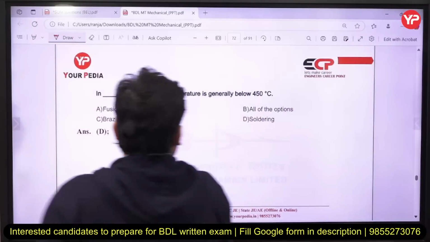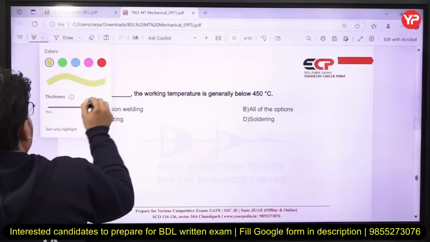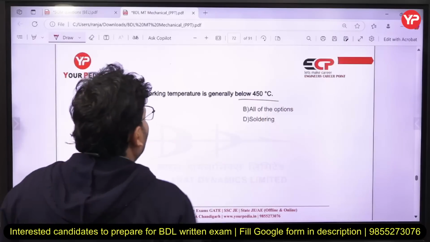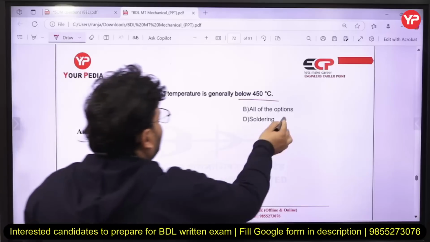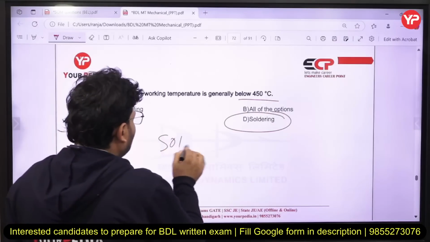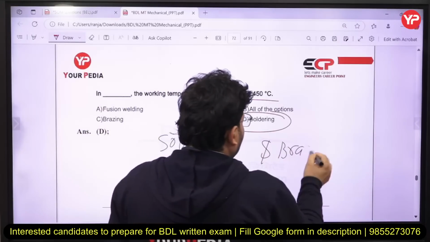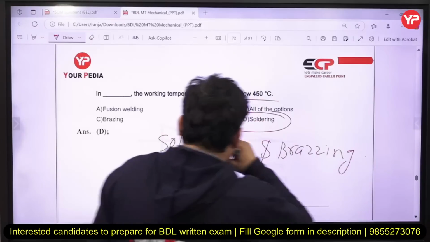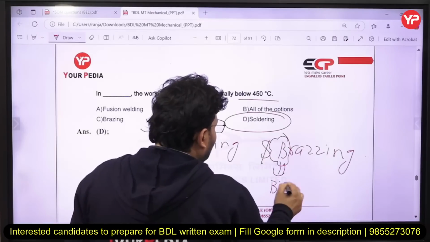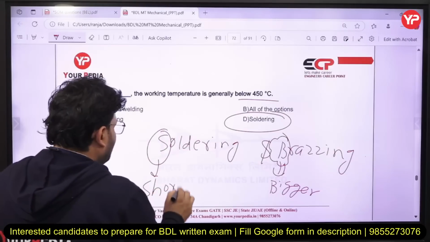Next, the working temperature below 450. If the working temperature is below 450, this is known as what? Soldering. A student is going to be confused between soldering and brazing. So just remember, my dear friends, brazing has B for bigger. Soldering has S for shorter.